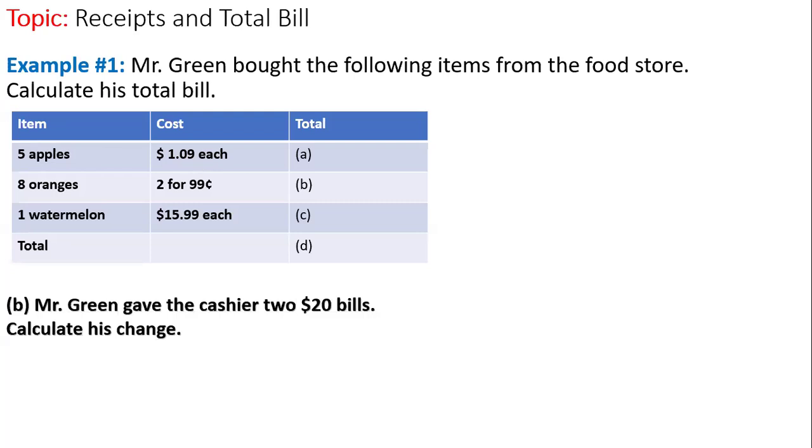Oranges are 2 for 99 cents. Watermelon, $15.99 each. Good. B. Mr. Green gave the cashier 2 $20 bills. Calculate his change. Very good.